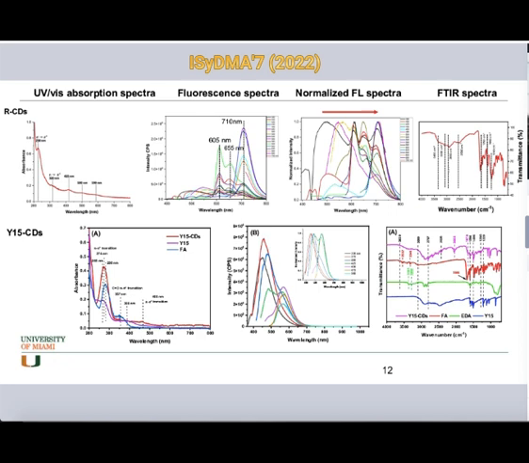of course we have many bands in the UV visible region. And as you can see, for the normalized fluorescence spectra, this is really a mix-up. Why? Because there are many bands for this dye, and we're able to characterize again functionality on the surface of the carbon dust.